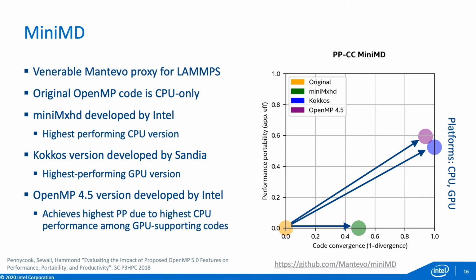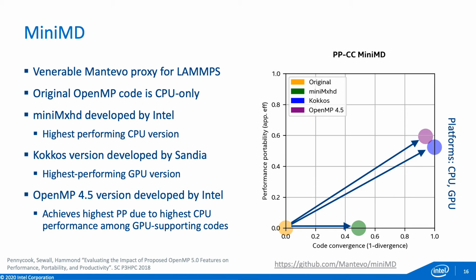The Kokkos code was developed by Sandia, and it's the best GPU performing version of the code that we have. This OpenMP 4.5 code was one that was written by John and I a few years ago to test out OpenMP 4.5 features and things like that, and that supports both CPU and GPU. And again, we see that same trade-off here. Kokkos codes are almost always convergence 1 or very, very close to 1.